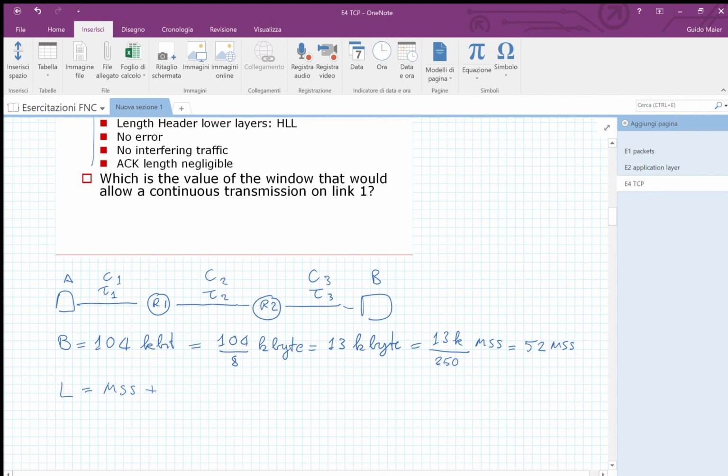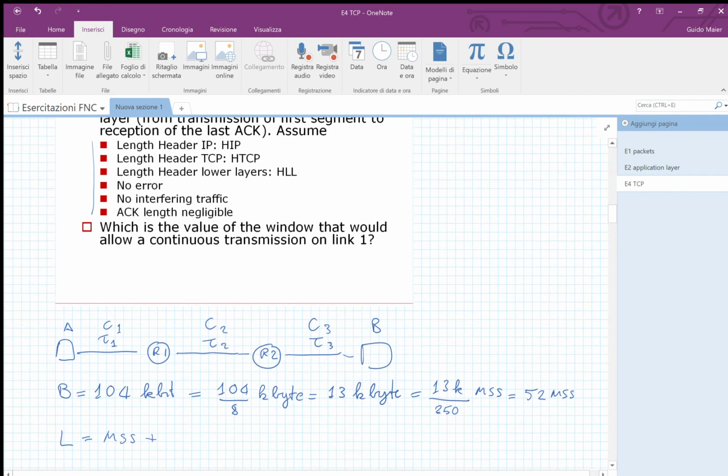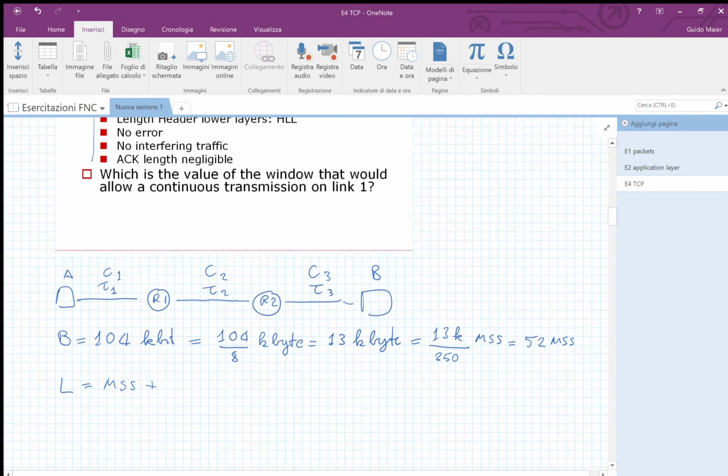Then we have the headers of the 3 layers, IP, TCP, and lower layers. So it will be plus H IP plus H TCP plus H lower layer. These are not given explicitly, so L will remain indicated in a symbolic way.